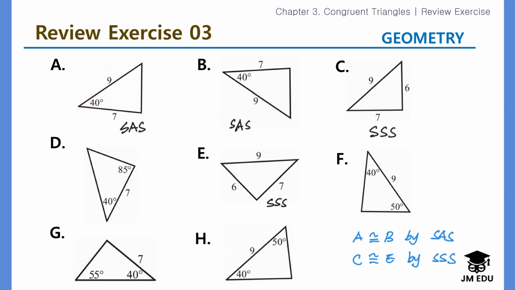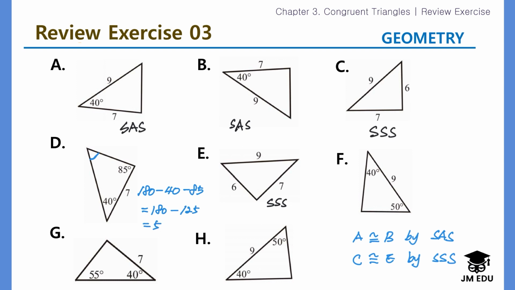D, we have 2 angles and one side. If 2 angles are given, we can actually find this angle also, right? 180 minus 40 minus 85 is this angle right here. So that's going to be 180 minus, isn't it 125?